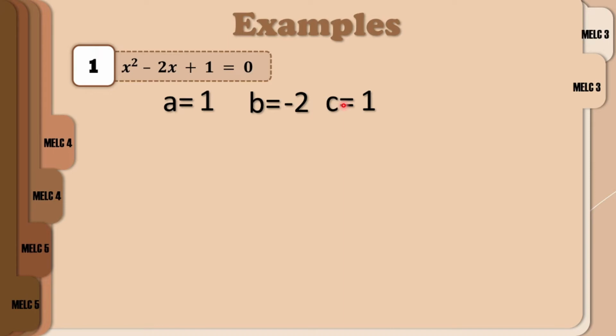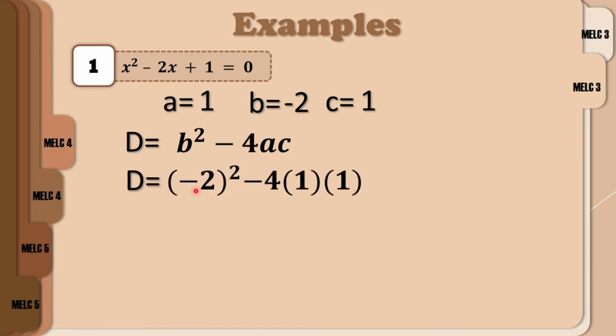So using the formula of discriminant b squared minus 4ac, isa-substitute lang natin lahat ng value ng a, b, and c. So by plugging all these values, we will get negative 2 squared, so this is our b, minus 4, 1 is our a, and c is also 1. So, ito na yung ating equation.